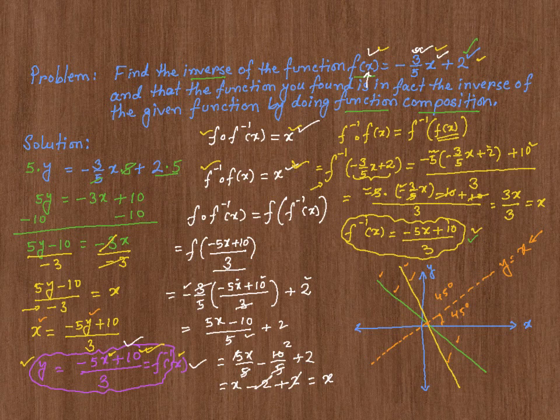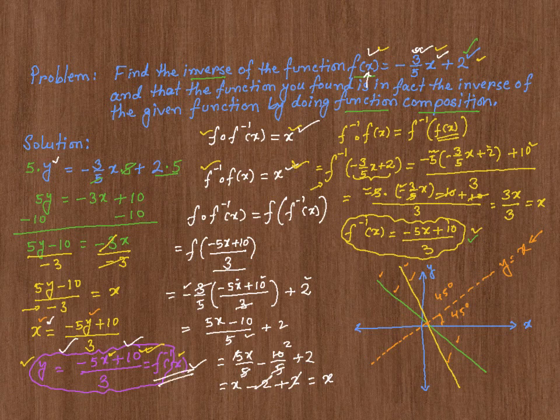So let me summarize. It's a long video, but still it covers a lot of concepts. To find the inverse, what we need to do is this. We need to first set the given function to y and solve for x. And then we switch the x and y to get the inverse function. So this is what we claim to be the inverse function.